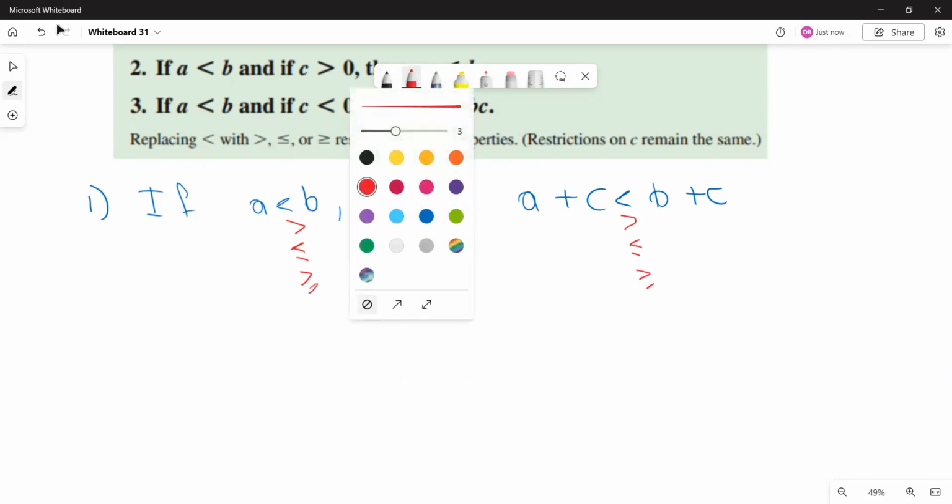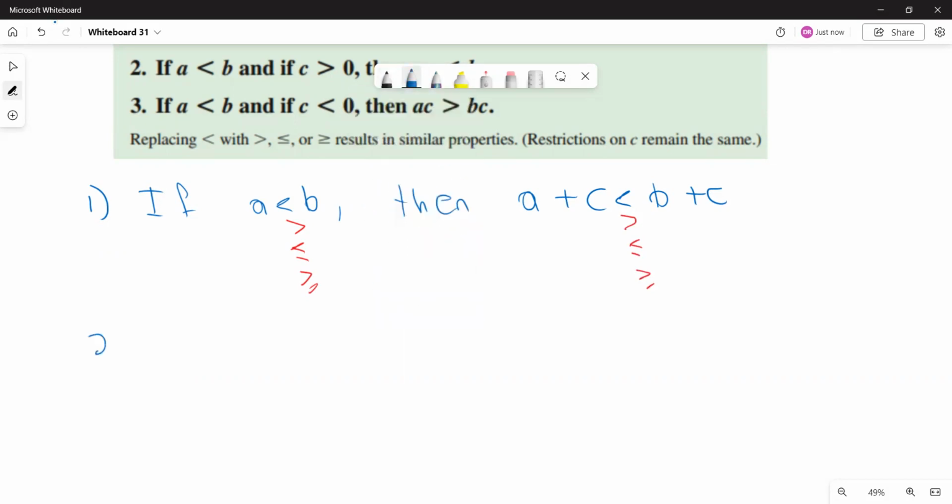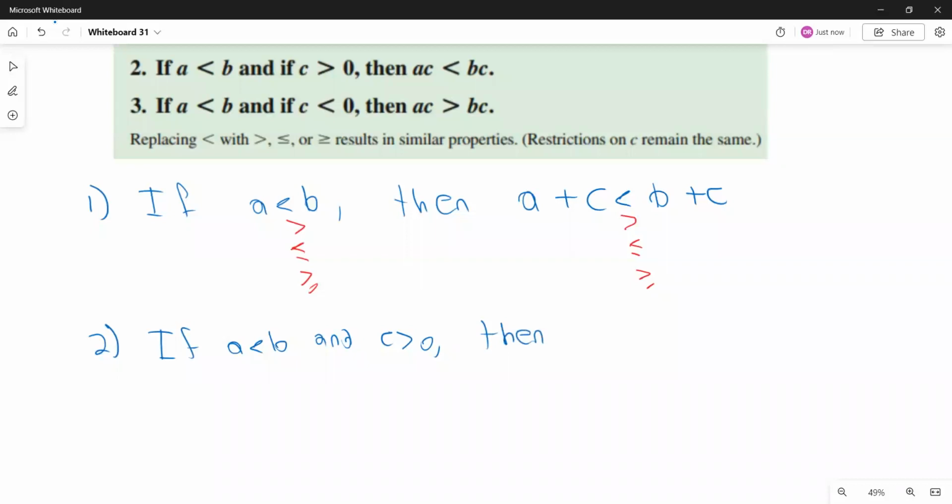Number two, if a is less than b and c is positive, then the inequality is preserved. And this is still true for any other inequality symbol.